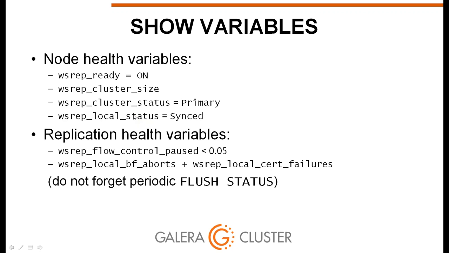Every time this happens, the client will get back a deadlock error, and those counters, one or the other, will be incremented. And if you monitor those counters on all of your nodes, you should be able to see how many transactions fail because they conflicted with some other transaction.